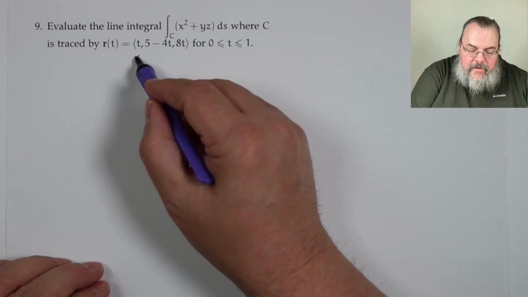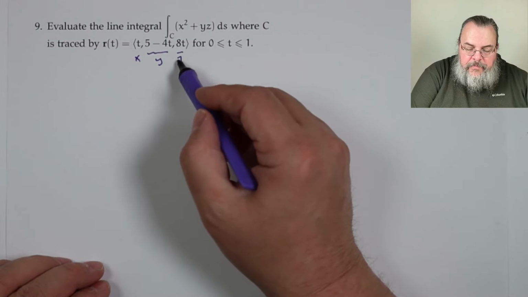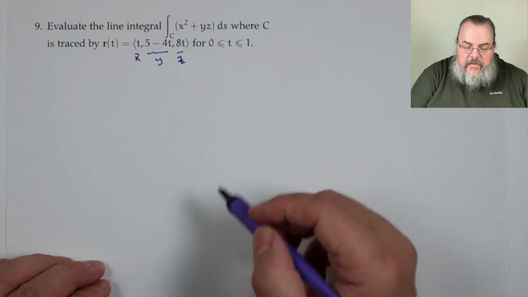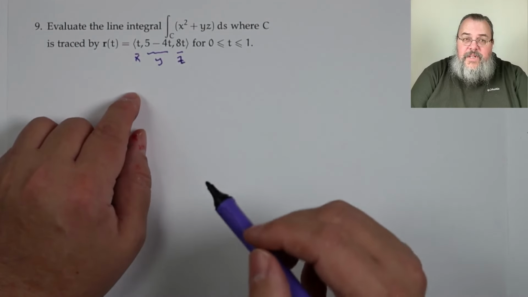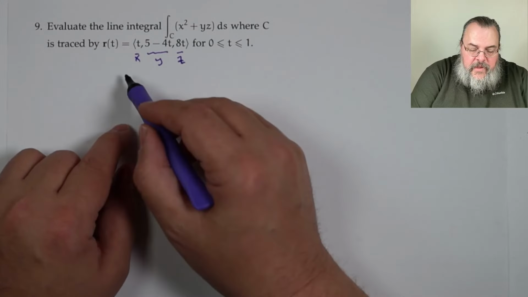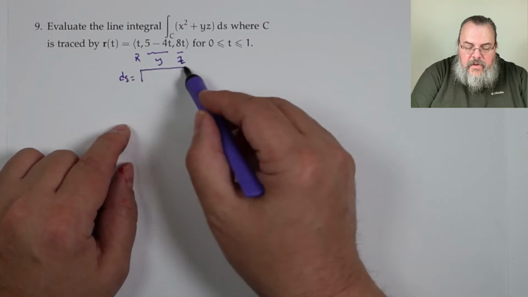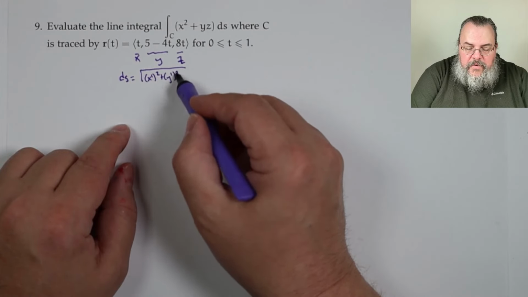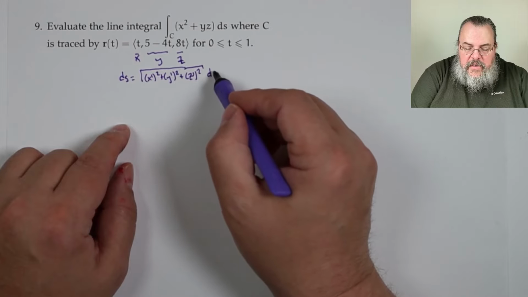So we have our x, our y, and our z. And what do we do? Well, let's go ahead and do some ds computation here. ds is the square root of x prime squared plus y prime squared plus z prime squared dt.